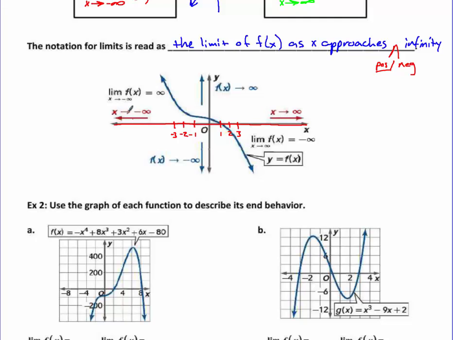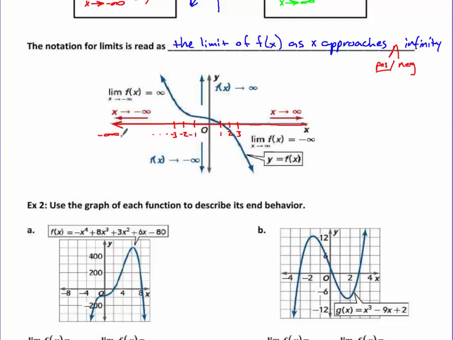And so what these two arrows here with the x and the negative infinity are saying is that as we go farther and farther down the x-axis to the left, in the direction of this arrow, this x here is approaching negative infinity.